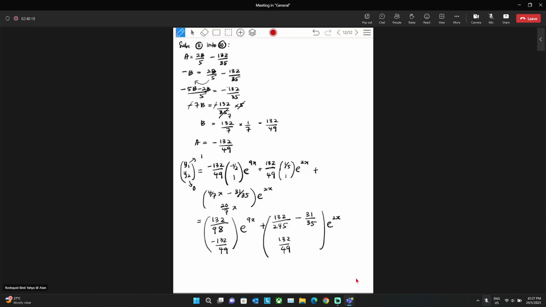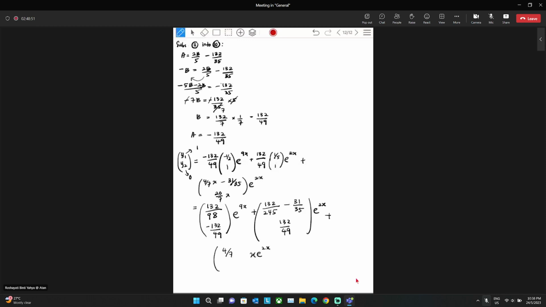And then plus, those with x with exponential 2x, we have only 4 over 7 and 20 over 7.